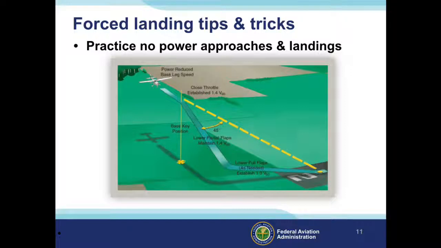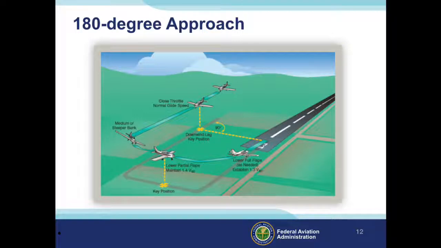After we pass the key position, we'll add flaps and gear to configure the airplane for landing and fly the final approach at 1.3 times the stalling speed in landing configuration. In the 180-degree power-off approach, the throttle is closed on downwind abeam the intended touchdown point. As in the 90-degree power-off approach, we'll fly at best glide speed and configuration until we reach the key position. After that, we'll configure the airplane for landing.